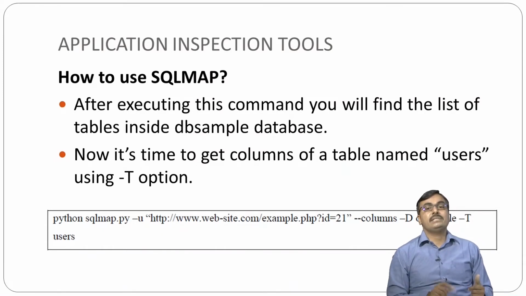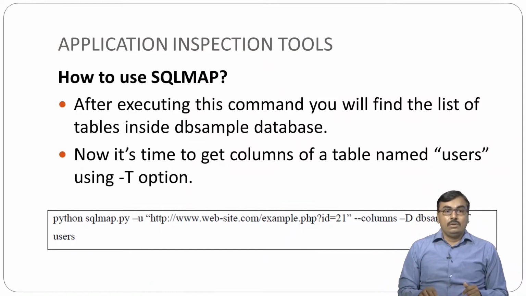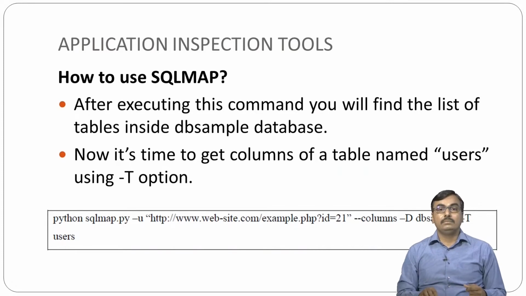So -D is DB sample, -T users is the table. By entering this command, you will get the list of columns inside the users table.